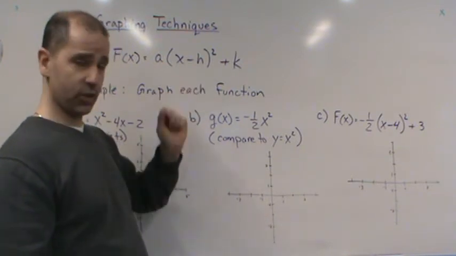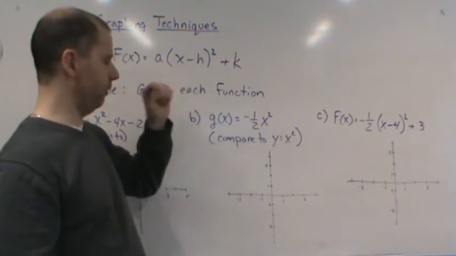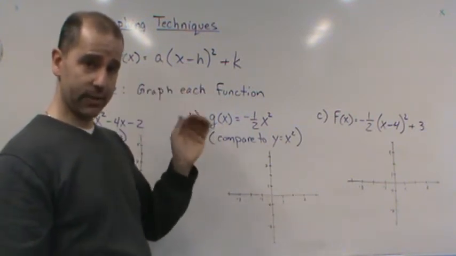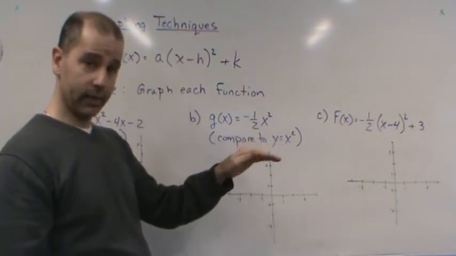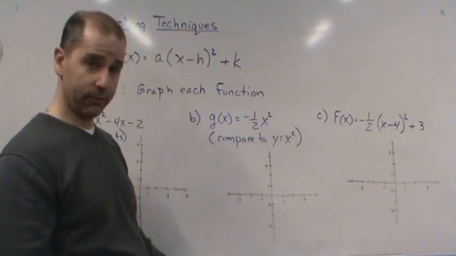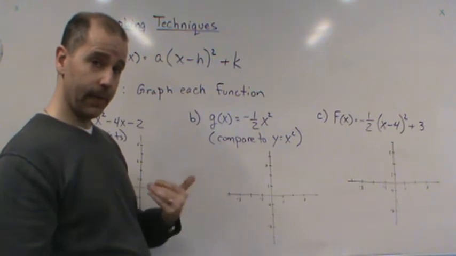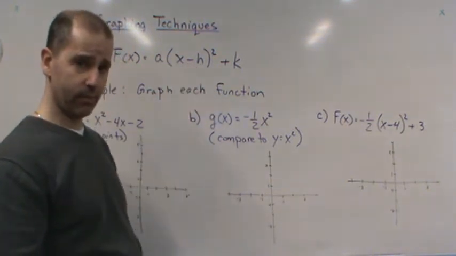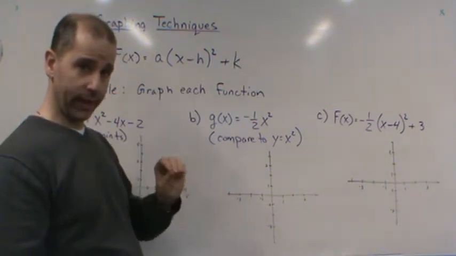So again, just keep that in mind. If this is a subtraction, then if h is positive, we're going to the right. If h is negative, we're going to the left, which is what we would think. But again, we have to have the subtraction sign to make it work that way.